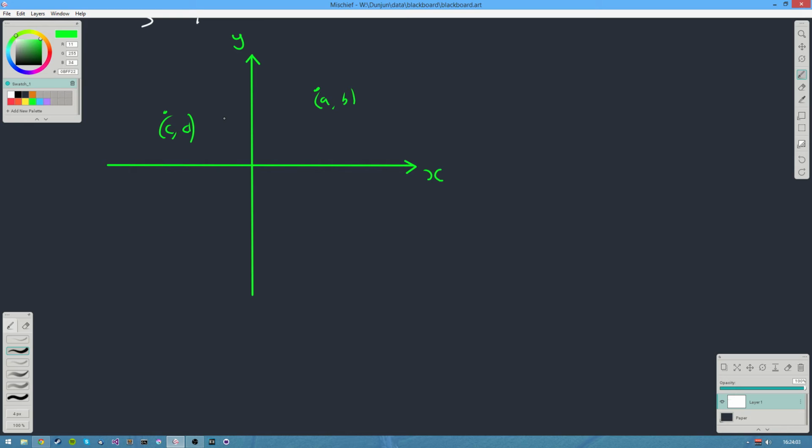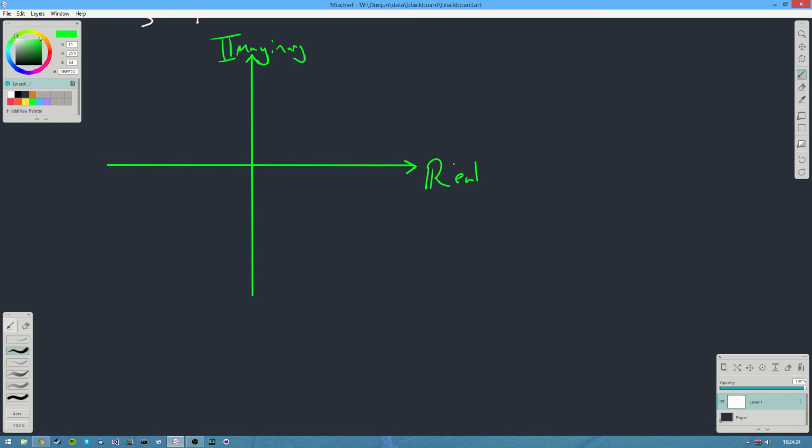Another way of representing complex numbers is something called an Argand diagram. Again, what we do is replace the x and the y with the real component and the imaginary component. So I write imaginary and real.